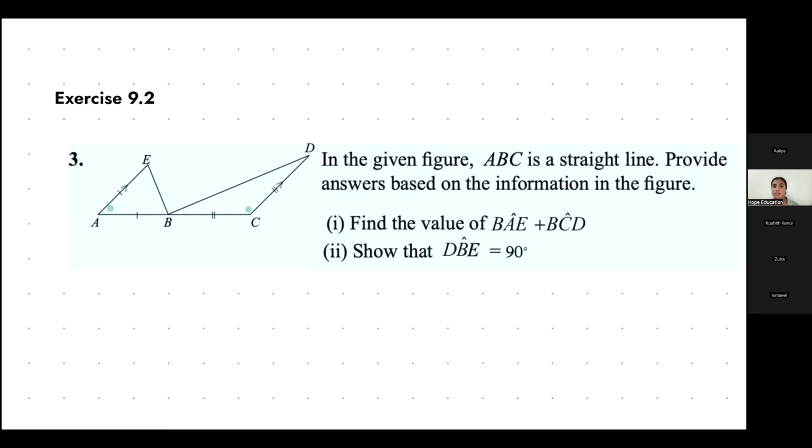Since they are allied angles of a straight line, it's 180. Correct. So when there are two parallel lines and there's a line between them, we have learned three types of angles. Let's say these two are parallel, and this and this are alternate angles, then this and this are alternate angles.